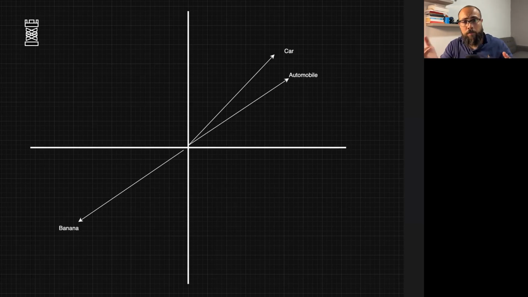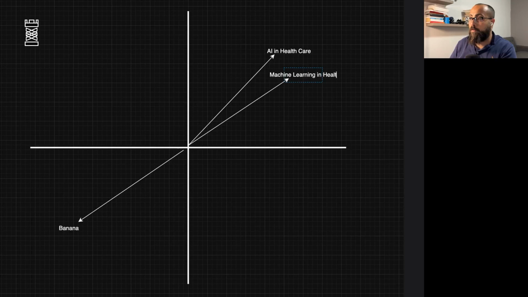And you can notice that machine learning and AI are not similar words, but semantically, they are close to each other in this case. So in our case, AI would be here in healthcare, and machine learning in healthcare will be here.